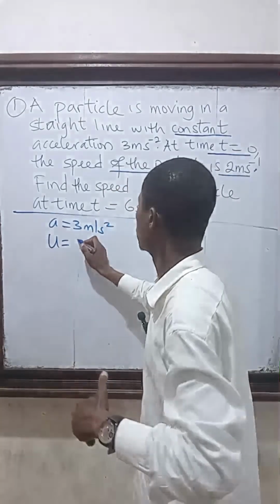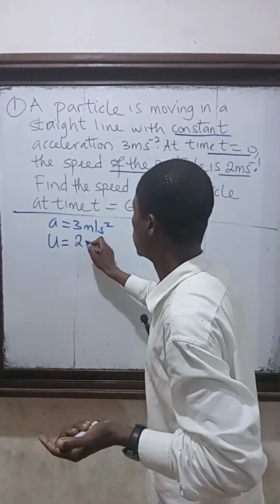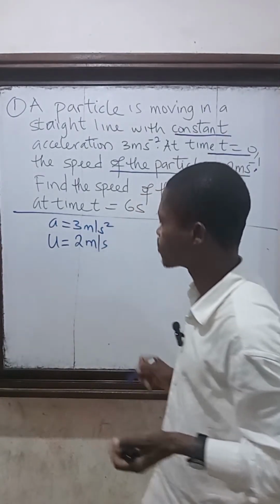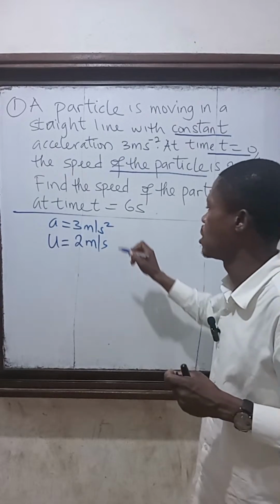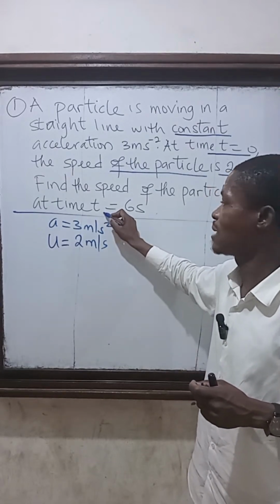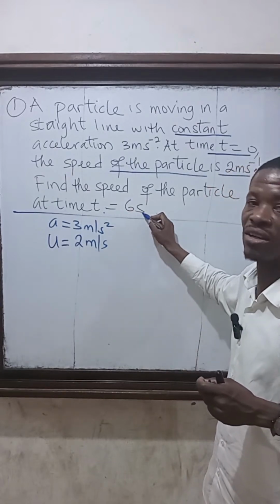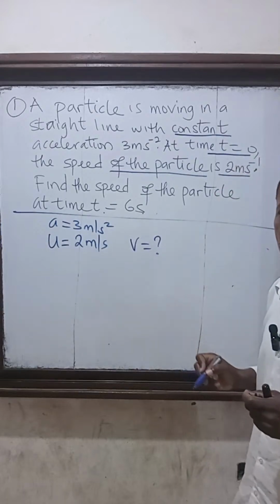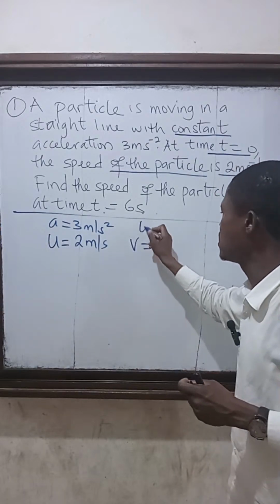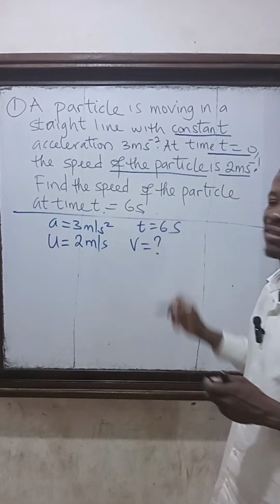The speed is 2 meters per second. Then again, we want to find the speed of the particle at time t equal to 6 seconds. So the final velocity we don't know, but t is 6 seconds.